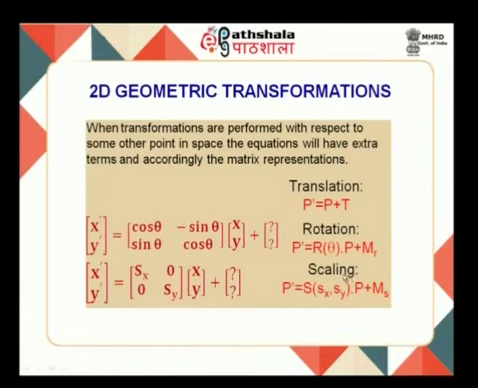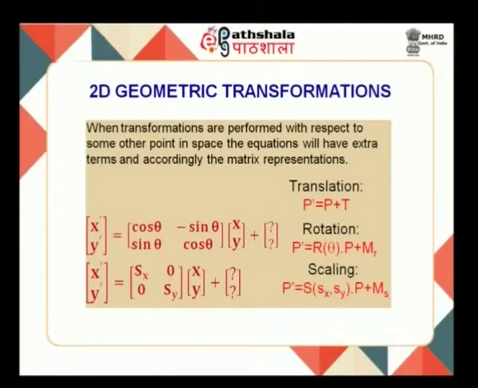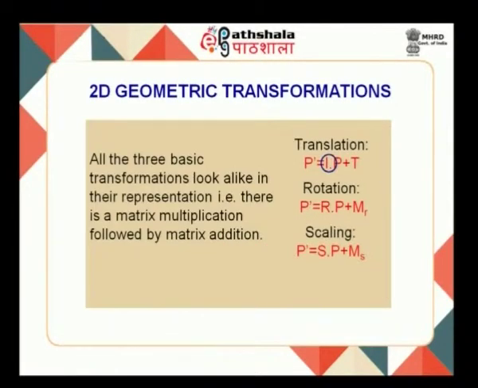Similarly, for the scaling transformation we get an additional matrix MS, which is a 2 by 1 matrix, 2 rows and 1 column, whose elements are to be derived, and when we derive that we will know what the elements are.